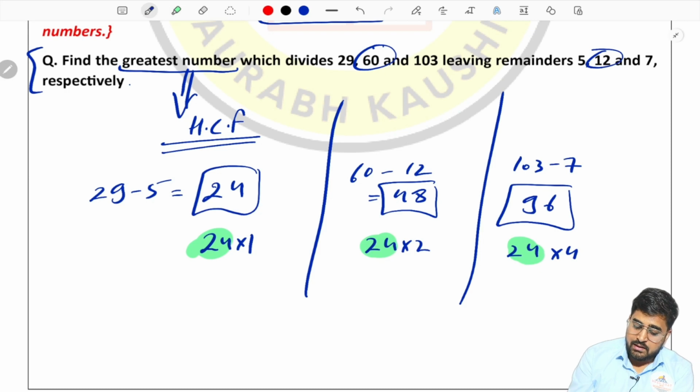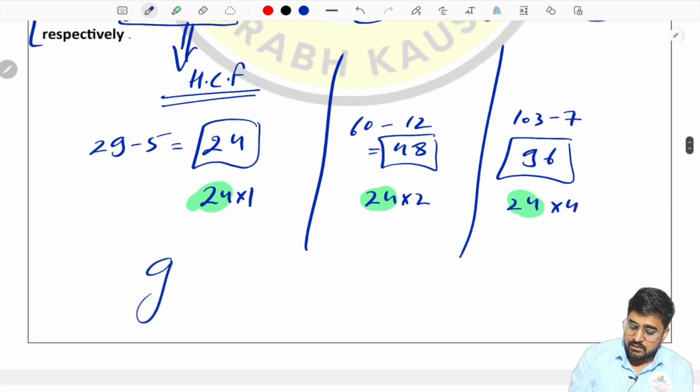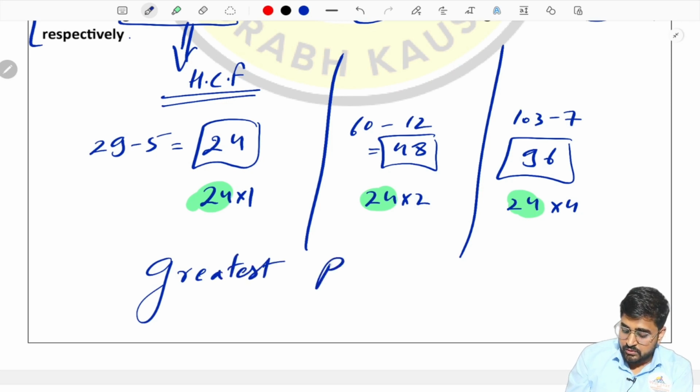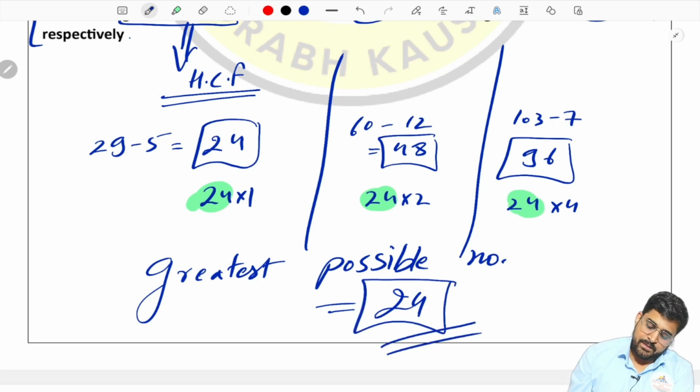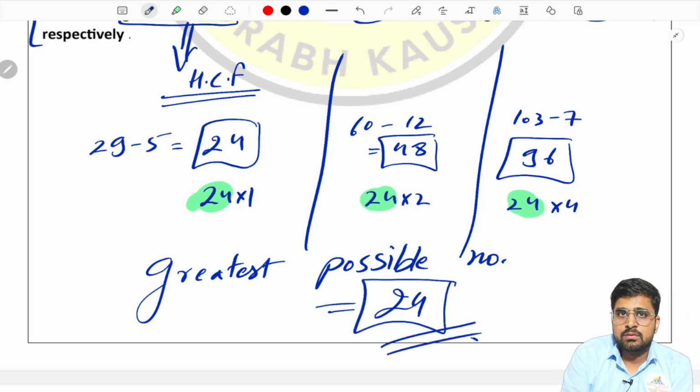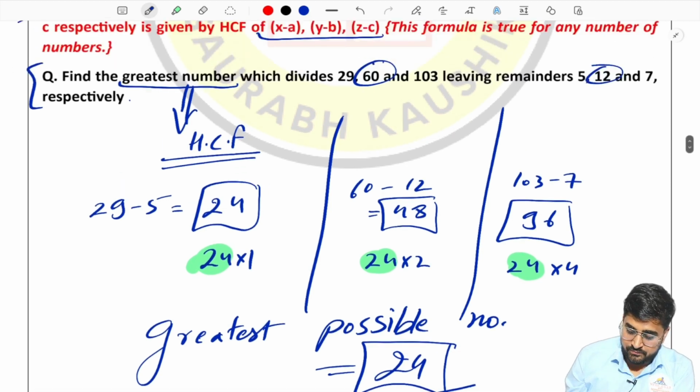So the HCF, or basically they are asking the greatest possible number, is 24 only. Or if they are asking you the highest common factor, then the same answer will come.